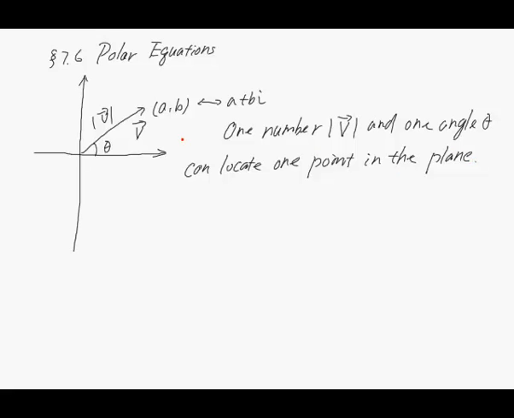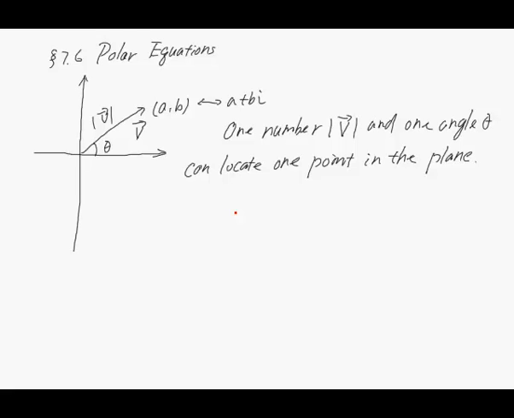So before we used two numbers, right, x coordinate and y coordinate, to locate one point on the plane. So right now we just use one number and one angle. So we replace one number by an angle to locate one point in this plane.